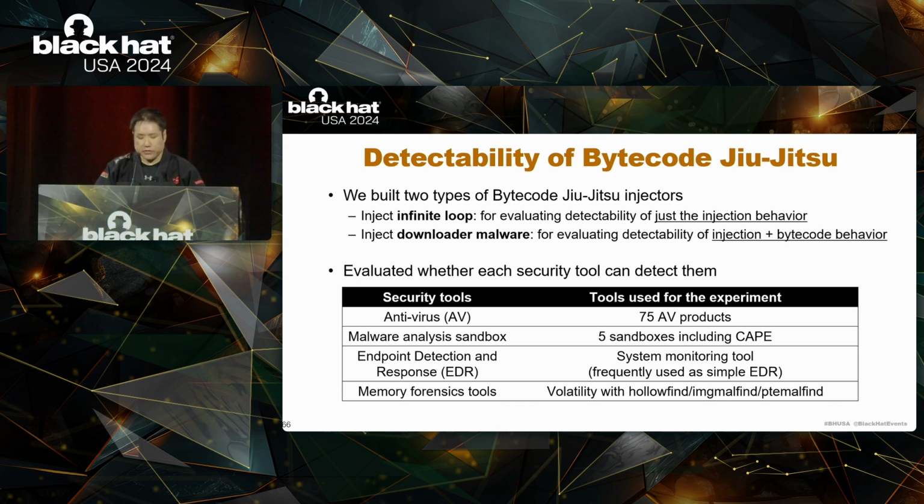So we evaluated whether each security tool below can detect them. We used 75 antivirus products on VirusTotal, Cuckoo Sandbox, System Monitoring Tool, and Volatility with HollowFind, Malfind, and PTEMalfind plugins, which focus on detecting existing code injection attacks.